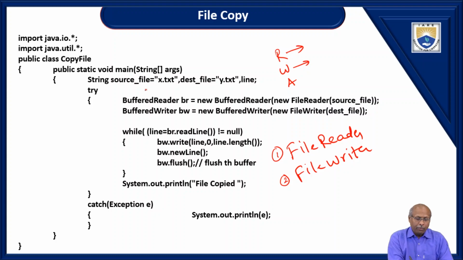Assume I want to have one source file called x.txt. This file already exists, I am assuming, and the destination file, that means a new file I want to create, is y.txt. So initially I made it static. These two files I will use in this program. I will read line by line from the file. How will I read?